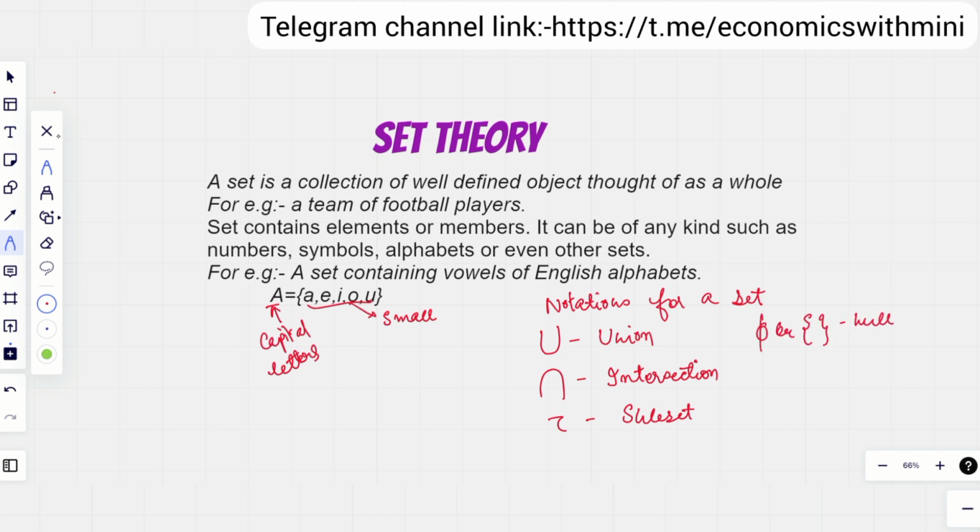This is called null set, curly brackets with no elements in it. And this is called universal set. So all these are called notations for a set. So if you get a question regarding what is a set, do write down its meaning and notations for a set.